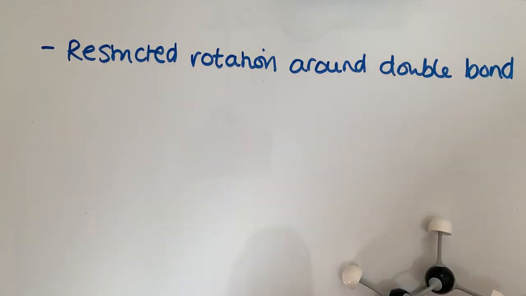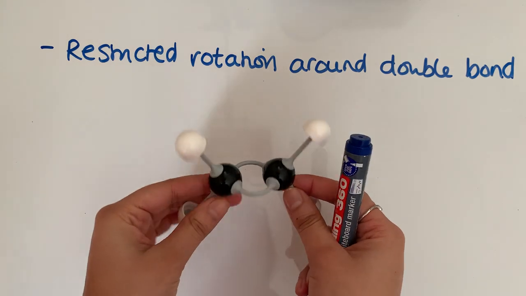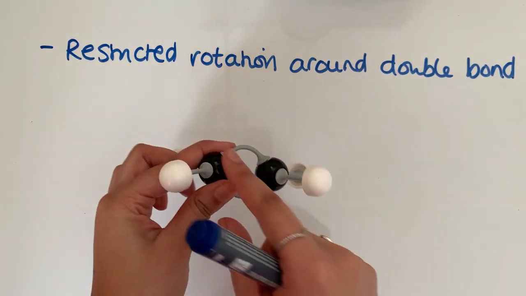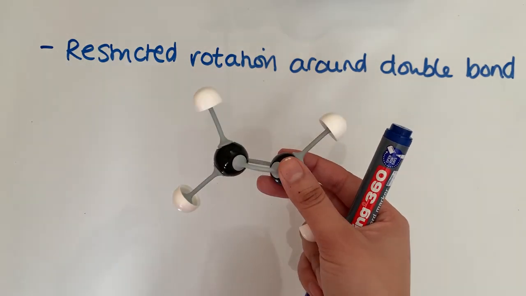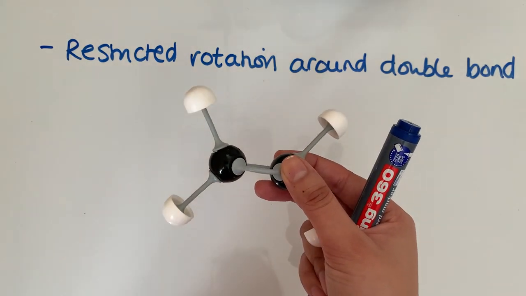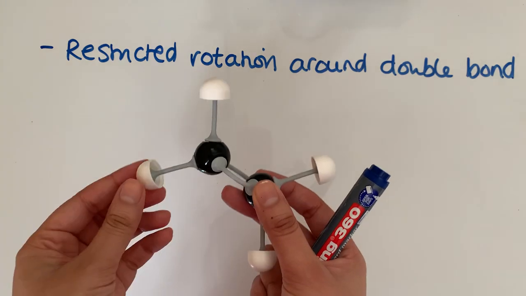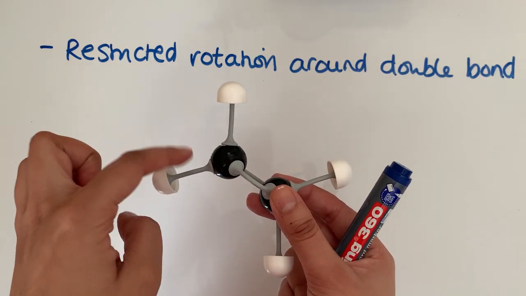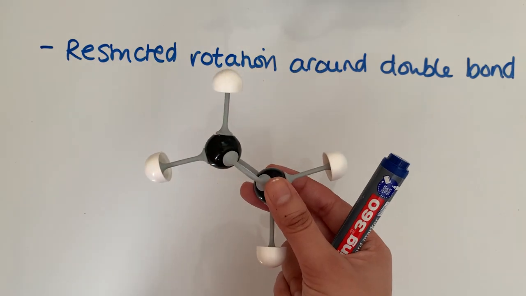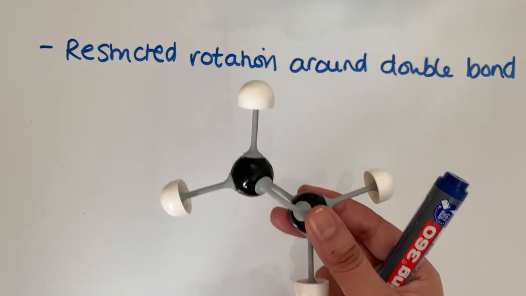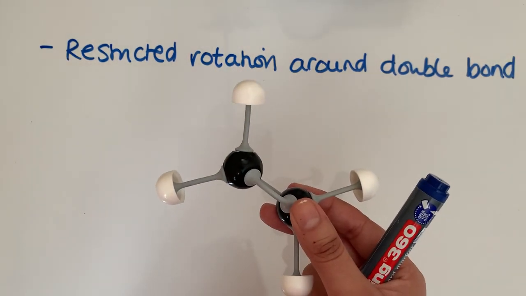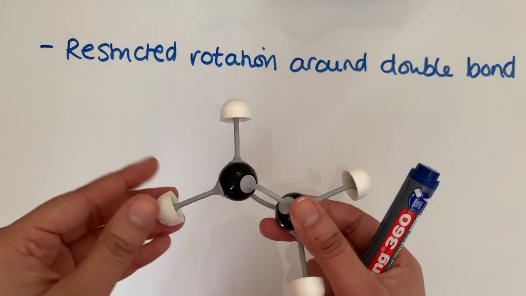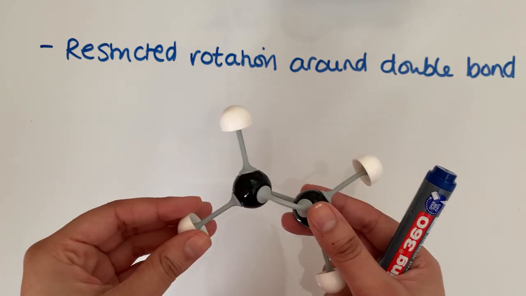In terms of shape, if we look at the shape of the molecule, the double bond is one bonding region. So we class it as one bonding pair in terms of electron repulsion. So each carbon has 1, 2, 3 bonding regions. These bonding regions, or these bond pairs, want to be as far away from each other as possible. So in order to do that, they adopt the trigonal planar shape.